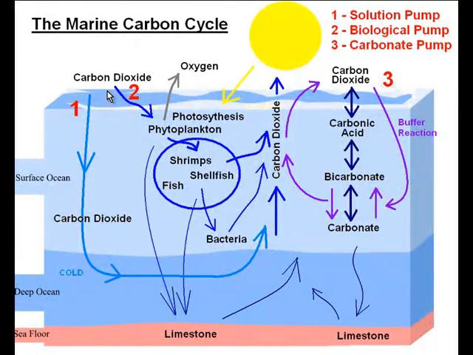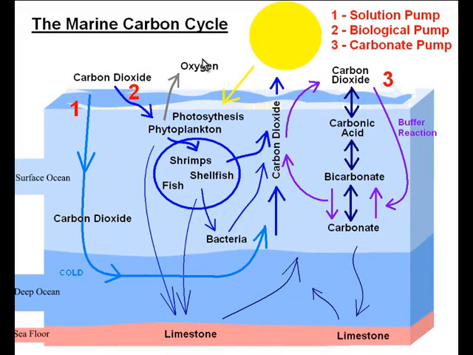Now, carbon dioxide actually behaves a little bit strangely in water, in that the colder the water is and the higher the pressure, the more carbon dioxide can be held. So there is more carbon contained in the deep oceans, which are cold and have high pressure, than in the top layers of the ocean.